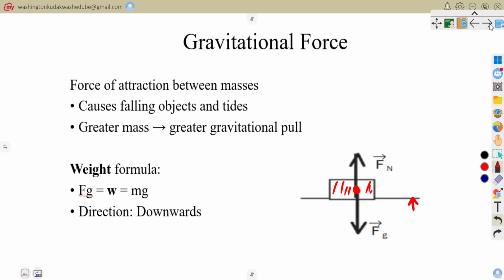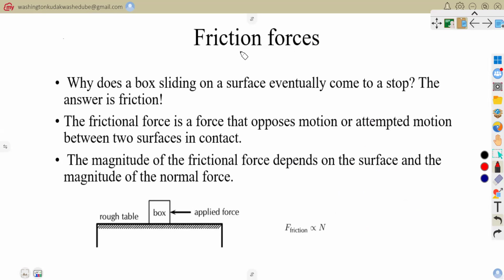Now let's go ahead and define what we refer to as friction, or frictional forces. What is it that we refer to as frictional forces? Before we go into frictional forces, I would like to ask a question.